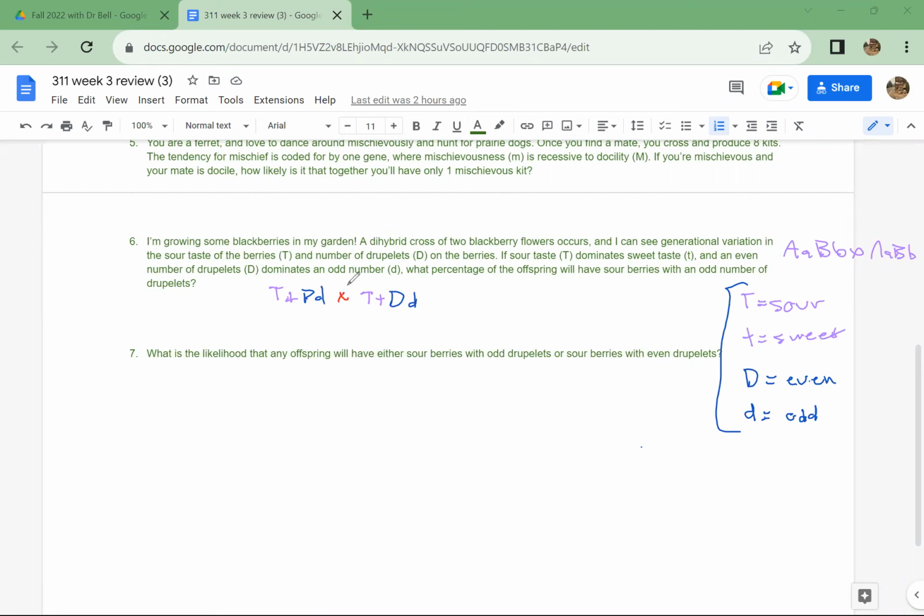When we cross these together, this is our dihybrid cross. And this should look very familiar to you, and it is going to give us a very nice ratio, a nice even distribution of offspring that could possibly occur from this cross.